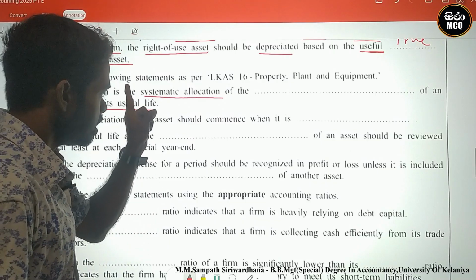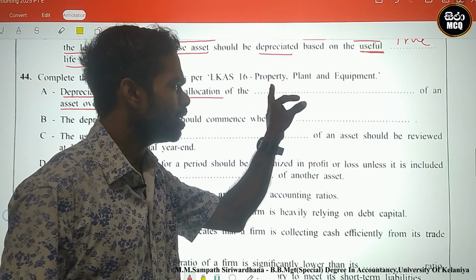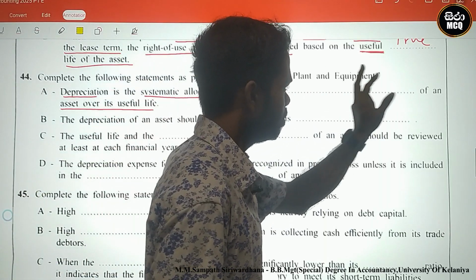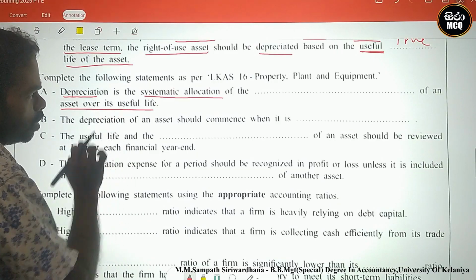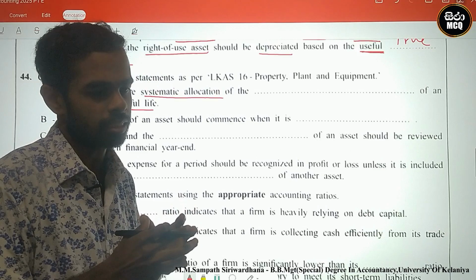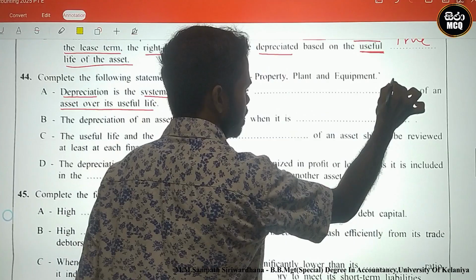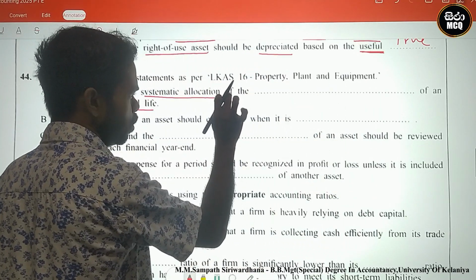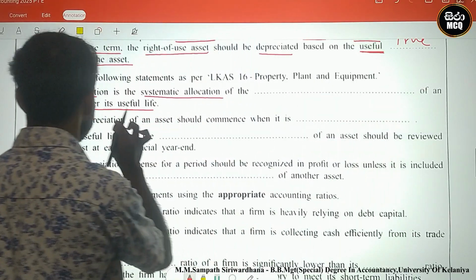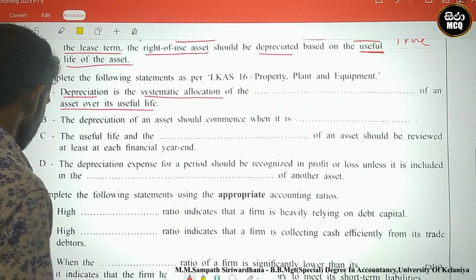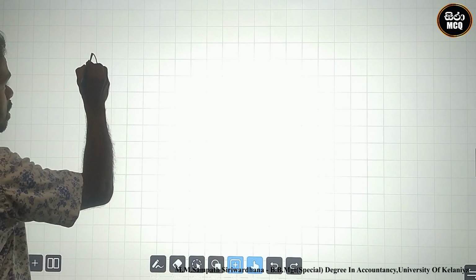Which word goes here? Do you know the equation for annual depreciation?